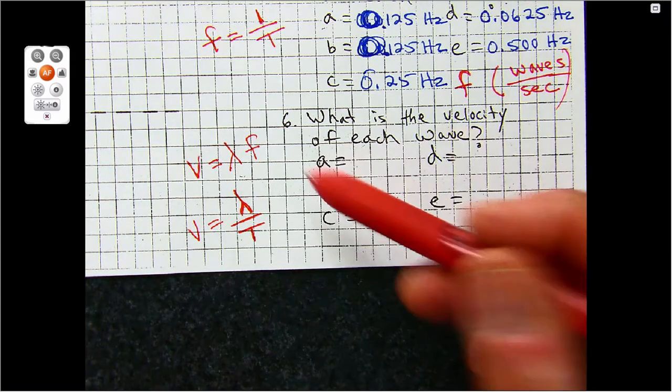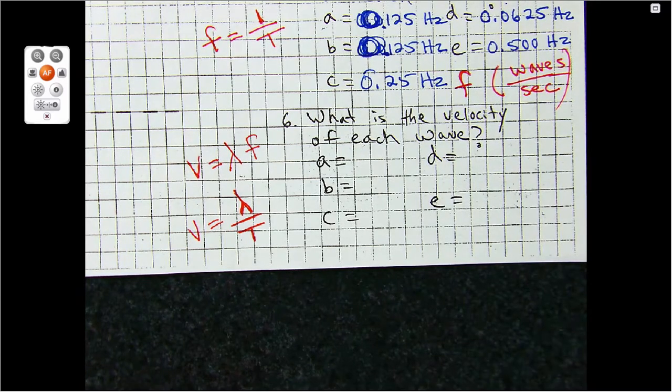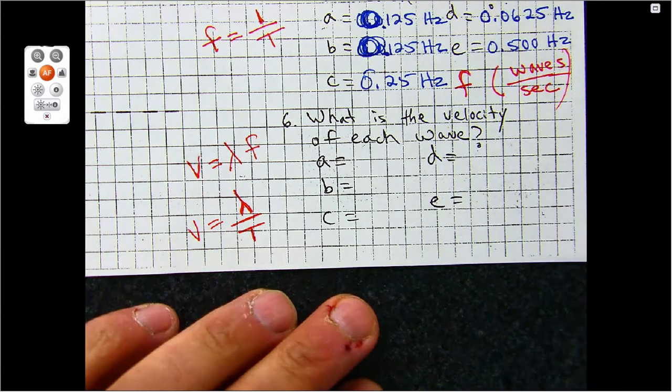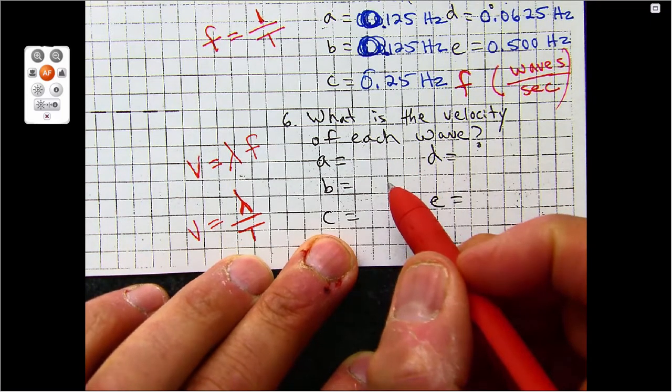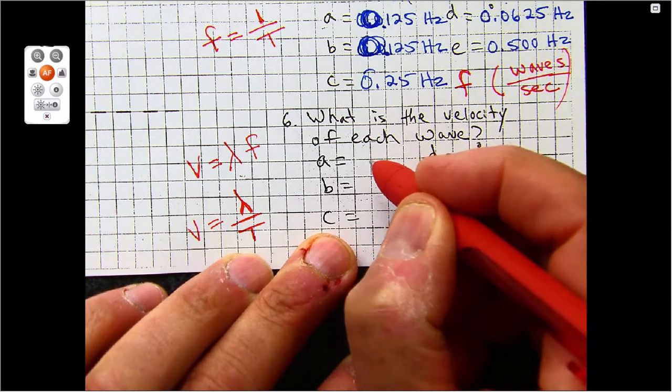Now, what's the speed of each wave? What's our velocity of each wave come out to be? What's the velocity? 0.5, right?